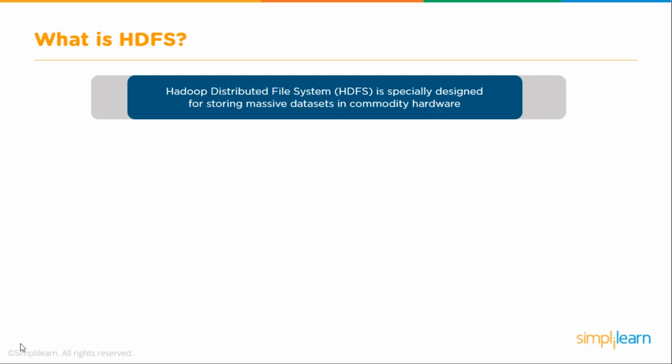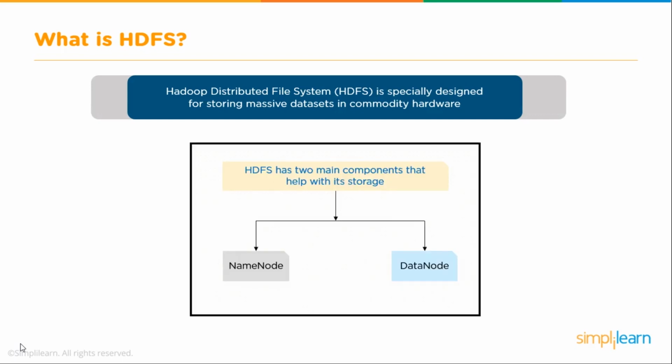Commodity machines are machines which have a good or mediocre amount of RAM and CPU cores, and you could have multiple of these used to set up your cluster, which would serve your distributed file system.